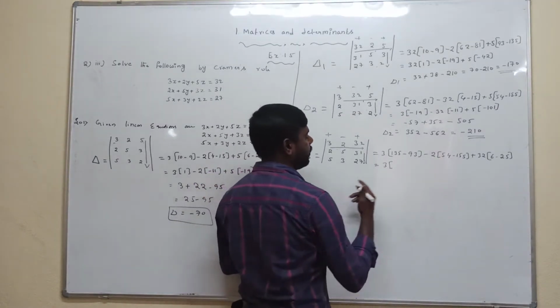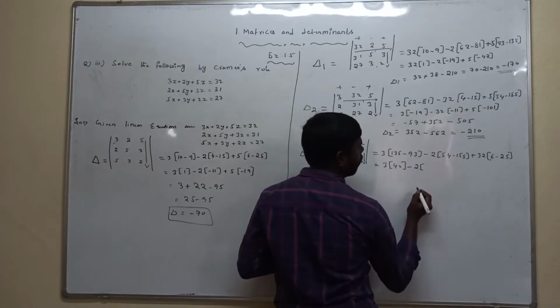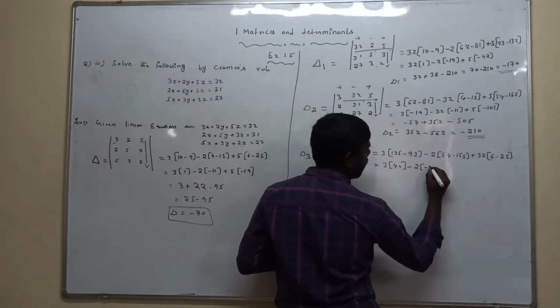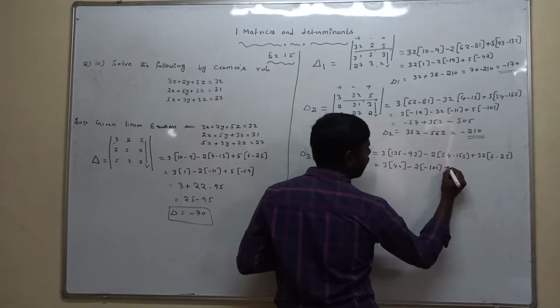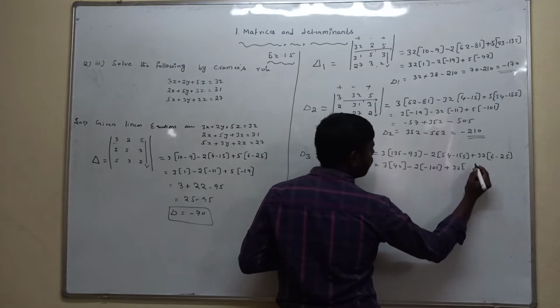That is 42. Minus 2 into 54 minus 155, that value is minus 101. Plus 32 into 6 minus 25, that value is minus 19.